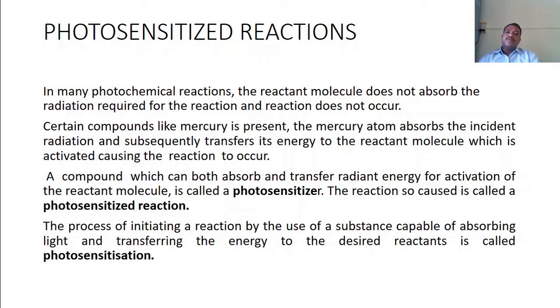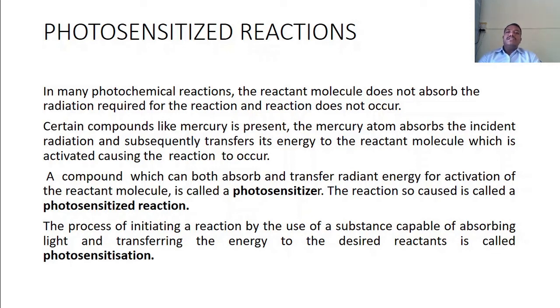So, in many photochemical reactions, the reactant molecule does not absorb the radiation to which it is exposed, and the reaction will not occur. If some foreign compounds such as mercury or cadmium are present in the reaction mixture, they initiate the reaction. How do they initiate the reaction?